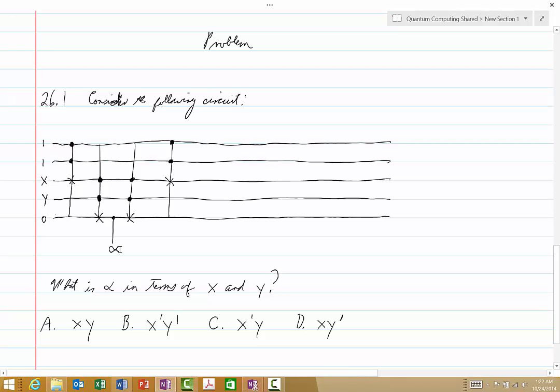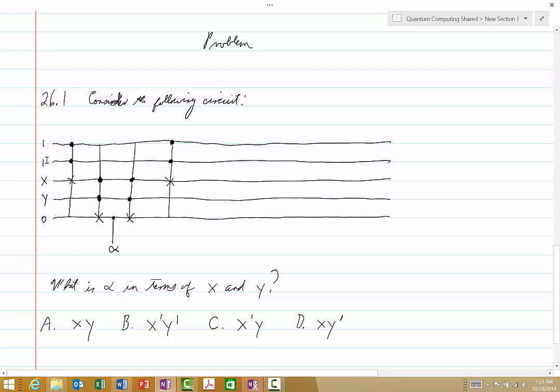And we have defined a variable here, alpha, and the question is simply for you to identify alpha in terms of x and y. And your choices here, A is xy, choice B is x prime y prime, choice C is x prime y, and choice D is xy prime.